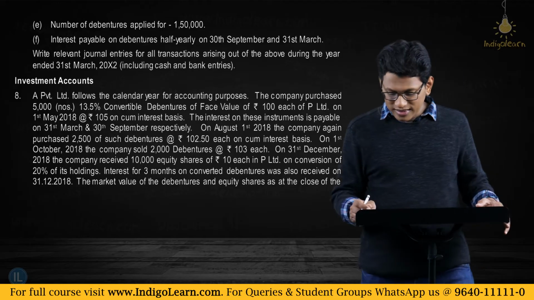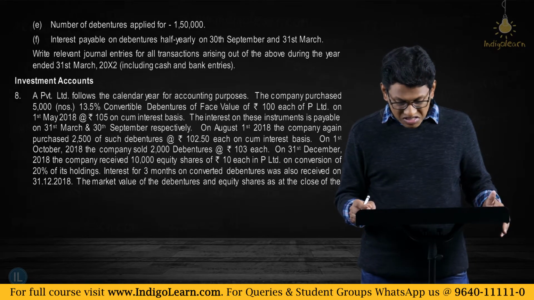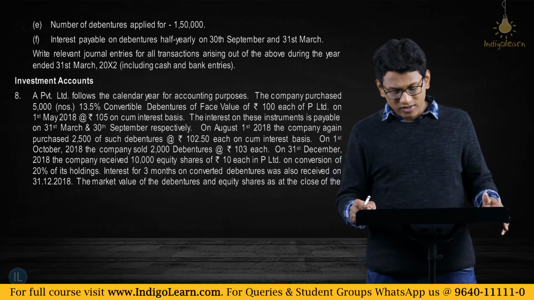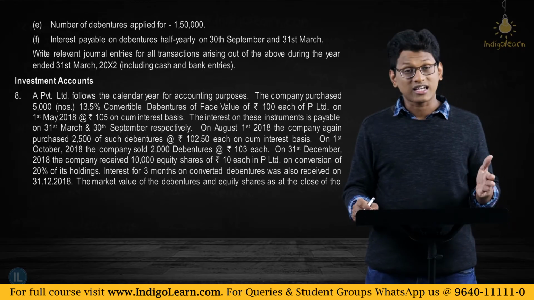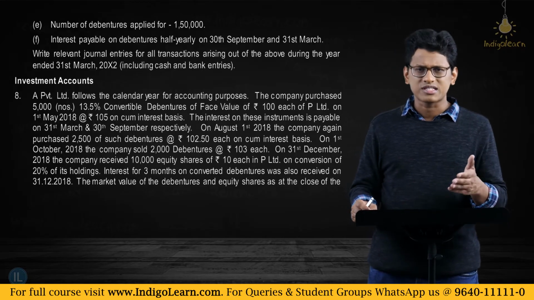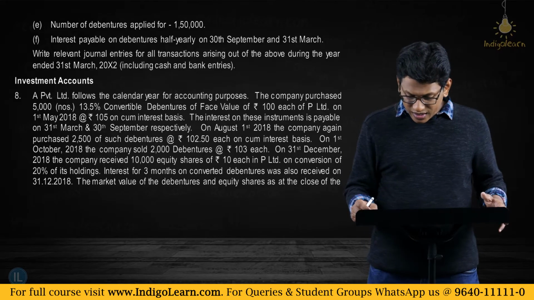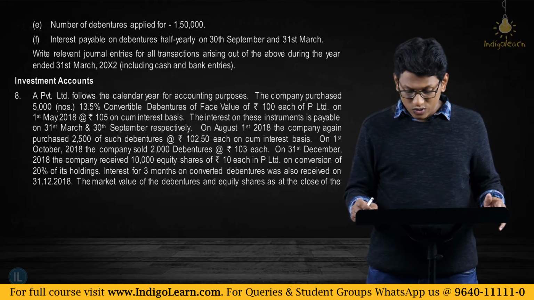Alright. Now, on 31st of December, the company received 10,000 equity shares of rupees 10 each in P Limited on conversion of 20% of its holdings. Okay, so because these are convertible debentures, 20% of these debentures have been converted into equity shares. Alright, then interest for 3 months on converted debentures was also received on 31st December 2018.